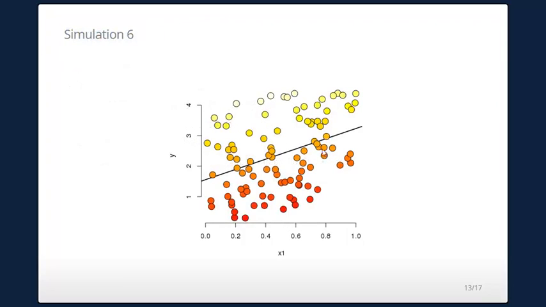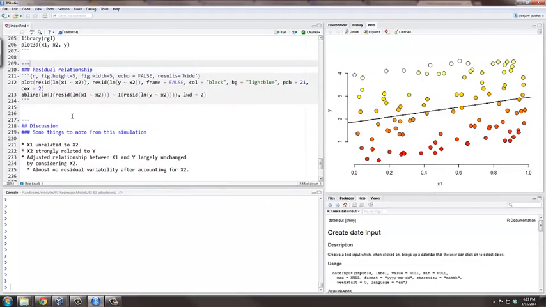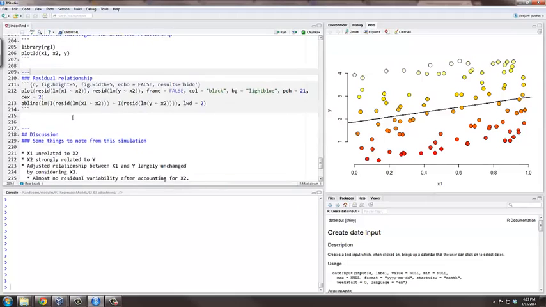Okay, so here's another simulation. I wanted to do an example of continuous adjustment. Here's my y, and here I have my x1, and x2 is the color coding of the points, with lighter meaning higher values and darker meaning lower values. This is actually a different set of data, since I'm rerunning the simulation each time.